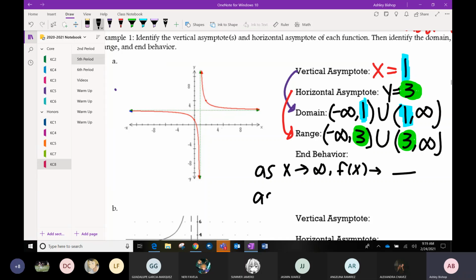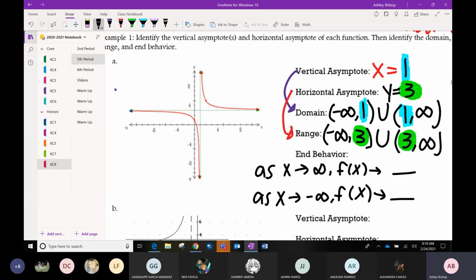And then as x approaches negative infinity, f of x approaches blank. So again, the notation is exactly the same. I already told you what number is going to go here when I defined what end behavior was, but let me tell you how to think of it.